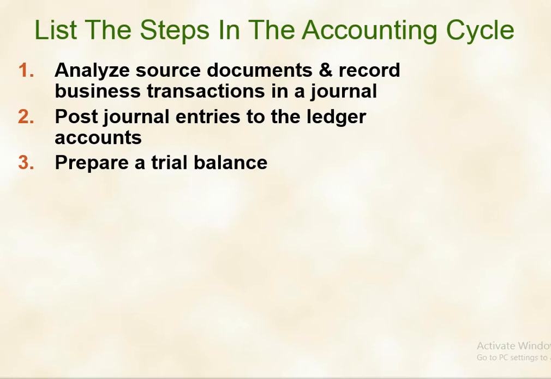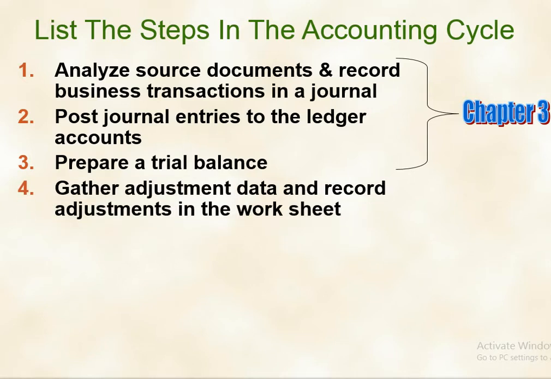In relevance to the accounting definition, you would be dealing with recording, classifying and summarizing. This is the summarization phase of the trial balance, where you would be representing the balances taken from your ledger accounts, right? All these can be covered in chapter 3, but the onward chapters that are coming in, that is, gather adjustment data and record adjustments in the worksheet, right?